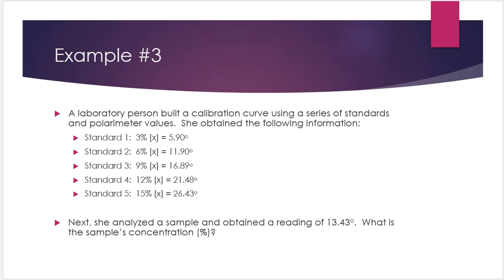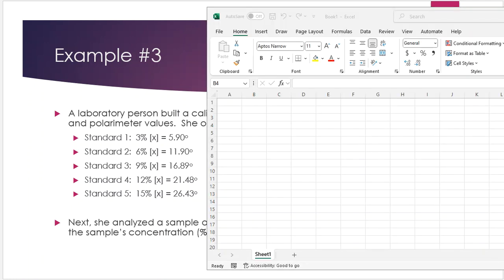They went weaker and then stronger, stronger, stronger, and the optical rotations went up more and more, because as it gets stronger, there's more stuff, and as more stuff is present, it turns a lot more, so that makes sense. So it looks like we're going to have to use Excel in order to answer this question. So let me pull up Excel and we'll go through the motions of plotting a calibration curve.